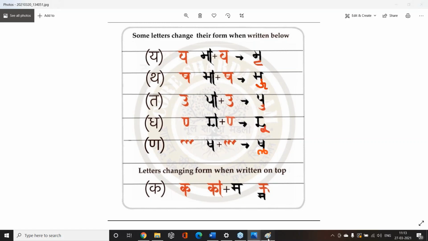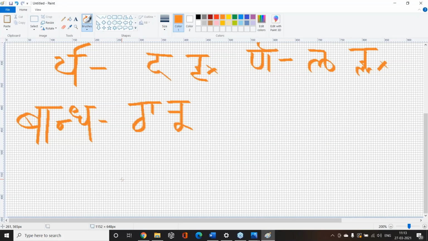With other words, for example, there was a word Krishna. So K, as per the rule, would be written like this because it has the matra below. Even if there is a matra below, K will change the form.